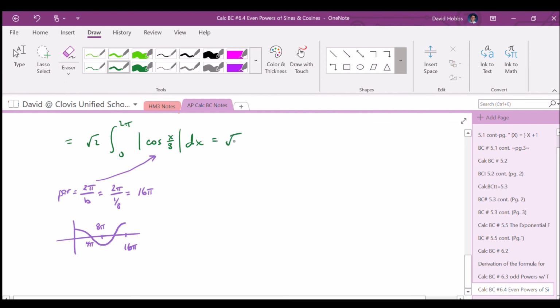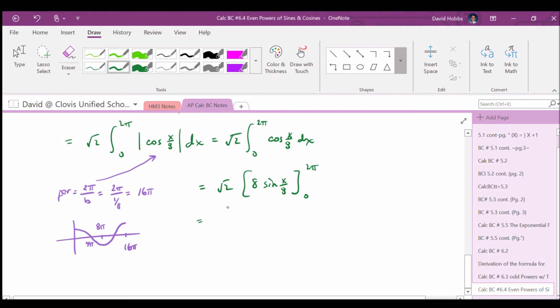So we have root 2, definite integral 0 to 2 pi, and now I can just drop the absolute value. So I've got cosine of x over 8 dx. So I have root 2 times, okay, so cosine is the derivative of sine of whatever the angle is. Now the derivative of the guts would be 1/8, so I need an 8 to balance that out.